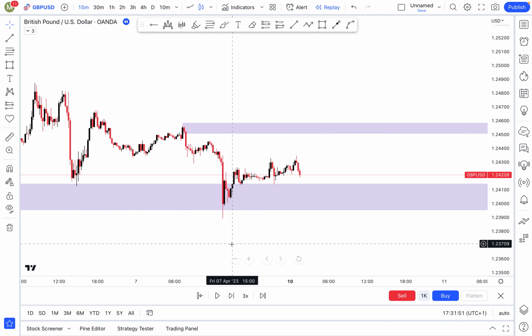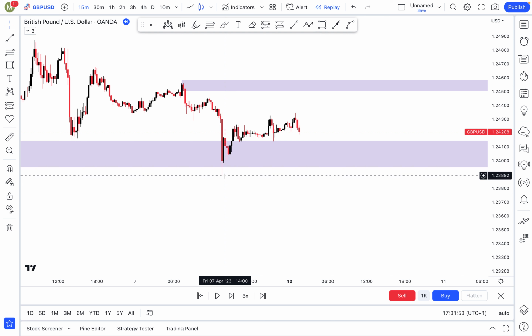It seems the market has taken out this low, so supply could be in control. It could be a liquidity sweep, but sometimes it could be that this low has simply been taken out. I play price forward to see.